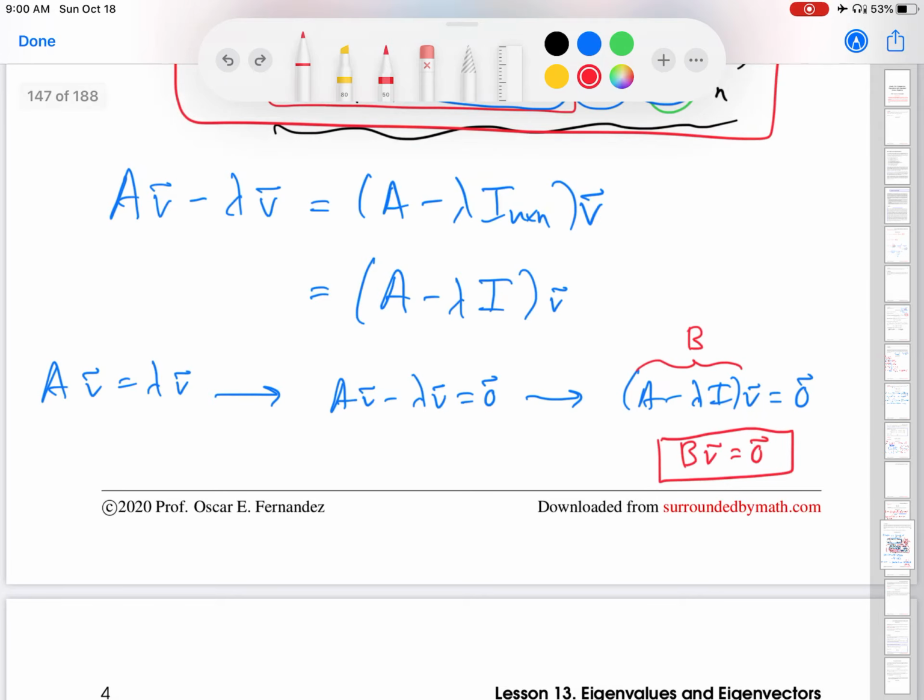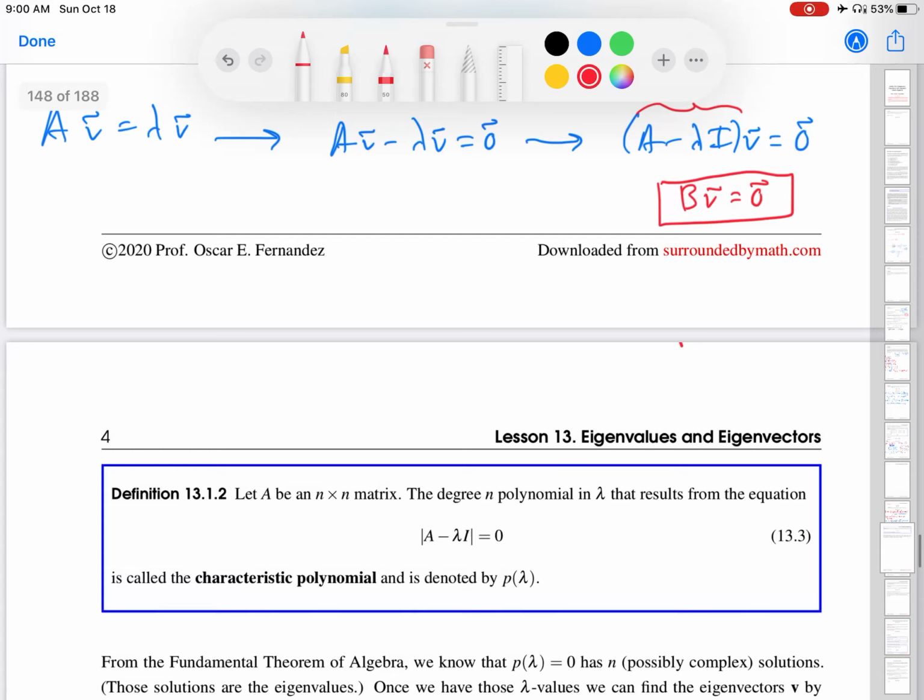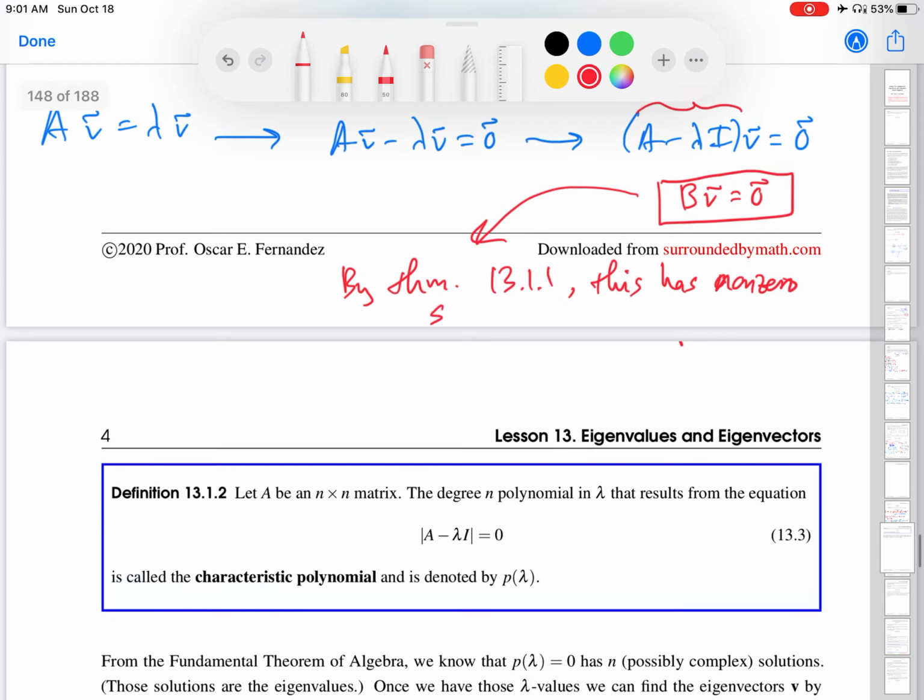So I'm going to come down here and say, okay, great. We have this condition, Bv equals 0. So by Theorem 13.1.1, this system has non-zero solutions if and only if the determinant of B equals 0.